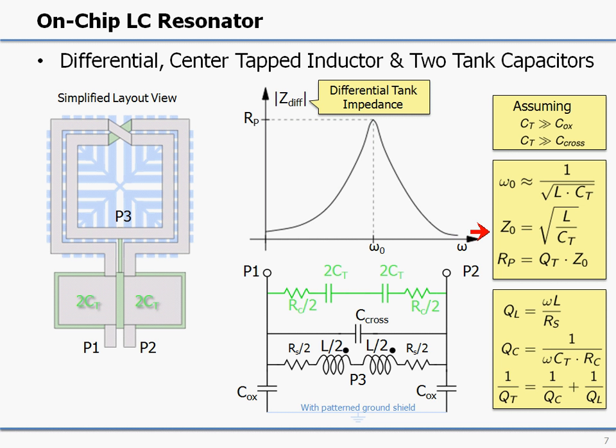Of course, to make good oscillators, we actually want to have as good resonators as possible, which means that we want to see high quality factors in the resonators. The quality factor of the resonator is a combination of the quality factors of the components, more specifically of the capacitor as well as the inductor. In fact, if you look at the formula, the smallest quality factor will dominate the quality factor of the overall tank.